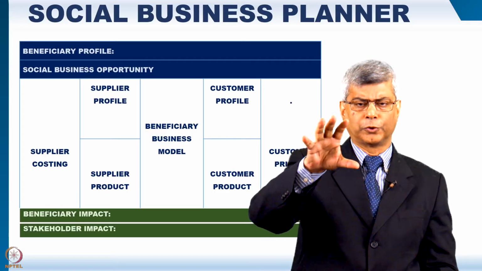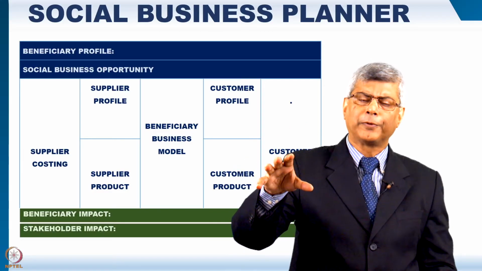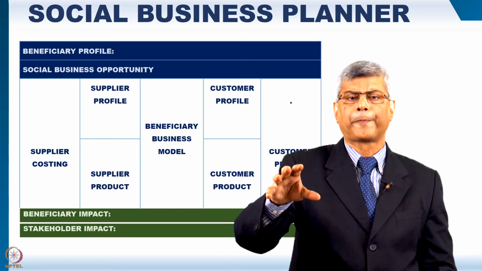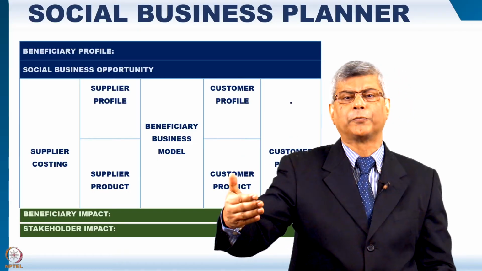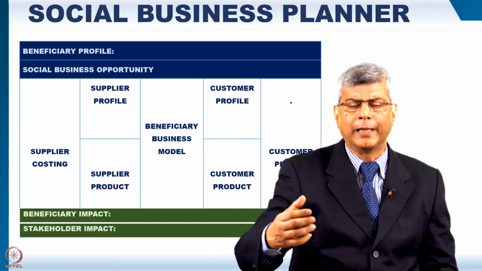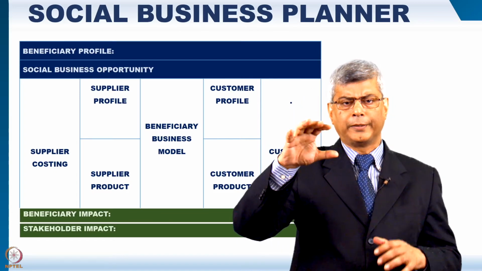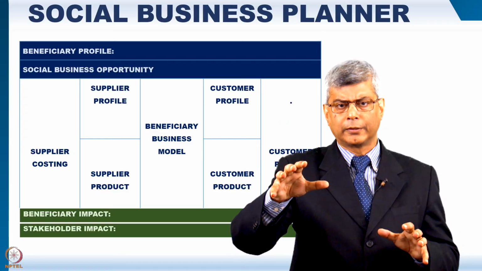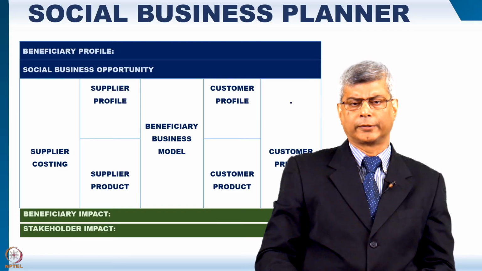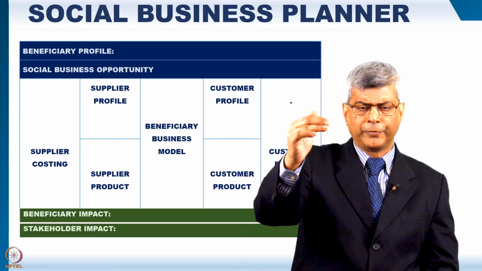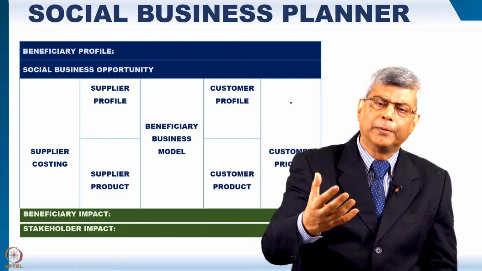So that's the social business opportunity, to convert offered flowers at the end of the day for a social cause. So you're serving God, but you're also serving the not so privileged humanity. Now you've identified ladies who can convert those flowers into incense sticks. So we've got the beneficiaries and the business opportunity. Now you create the business plan.